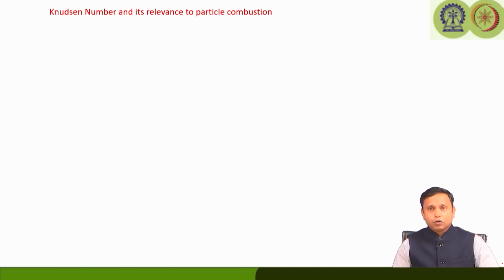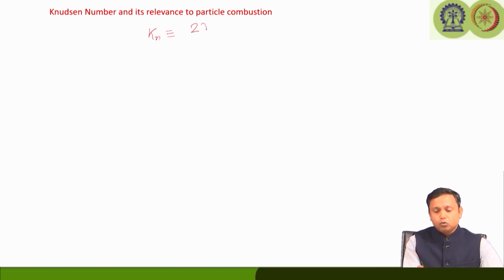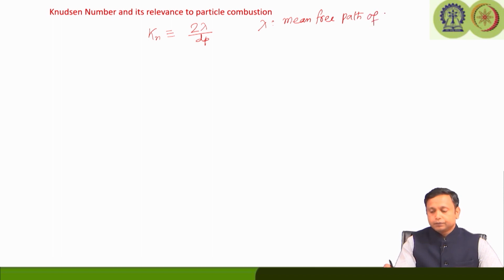By definition, the Knudsen number, denoted Kn, is 2 lambda by particle diameter, or basically the mean free path by the particle radius. Here lambda is the mean free path of the ambient gas, and dp is the particle diameter.